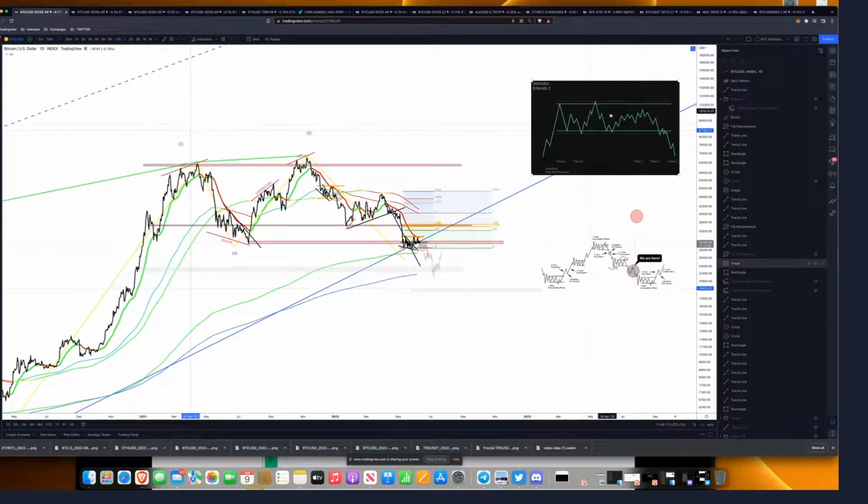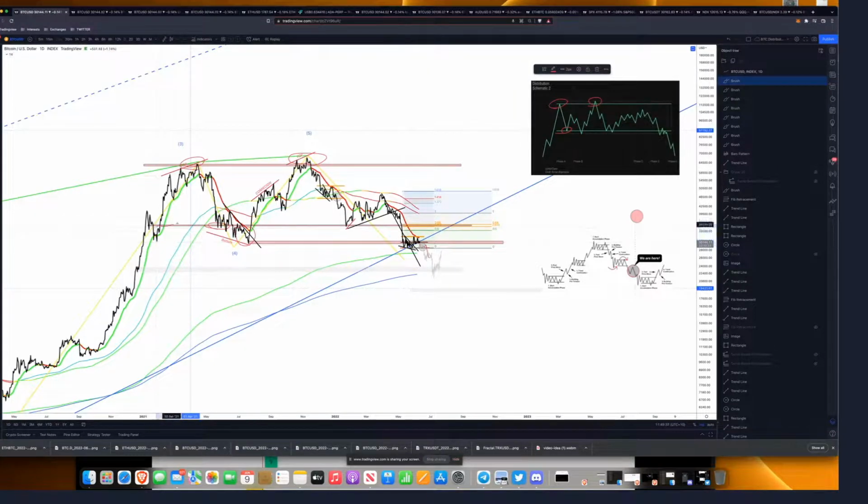So that diagram over here, we have our top there, and we have slightly higher. This is slightly higher. We have a bottom. Now this bottom, I believe, is here. I believe that this is another level that is bearish.